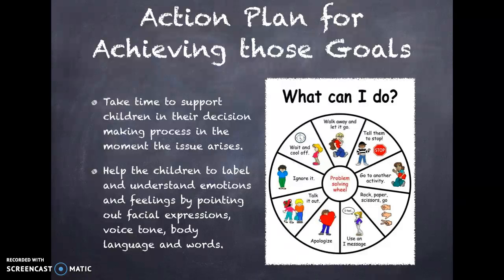So my action plan for achieving these goals is to take the time to support the children to make their decisions when heated situations arise, and to help them to label and understand their emotions and their friends' emotions by pointing out their facial expressions, like, oh, look, now so-and-so is really sad, and their voice tone, through their body language and their words.